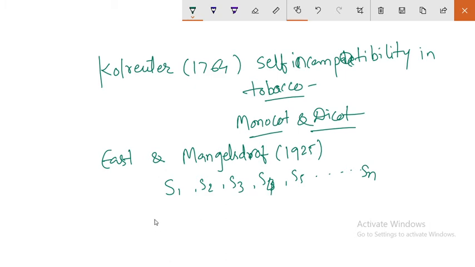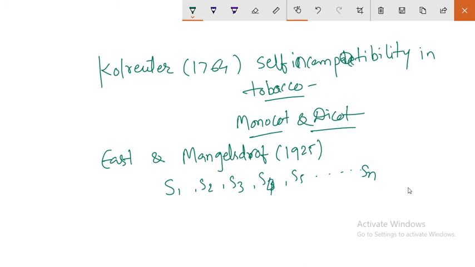These alleles are present in the plants and are labeled as S1, S2, S3, S4 and so on.